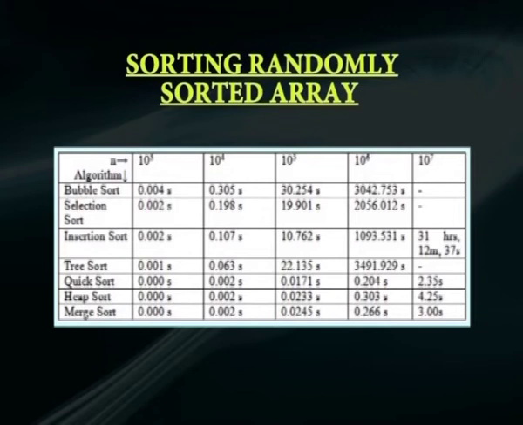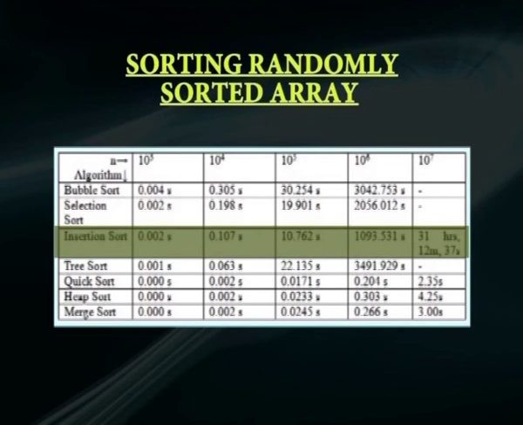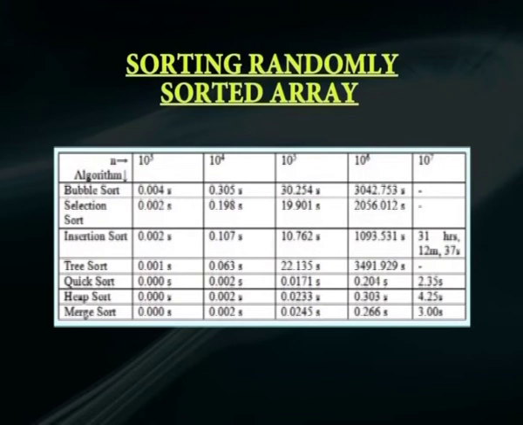But when we increase the size to say 1 million, we find that quick sort, heap sort, and merge sort still take less than 1 second, while bubble sort takes 3042 seconds, selection sort takes 2056 seconds, and insertion sort takes 1093 seconds. When the size is increased to 10 million, we see that quick sort, heap sort, and merge sort still take less than 5 seconds, but the running time for insertion sort dramatically jumped to more than 31 hours.